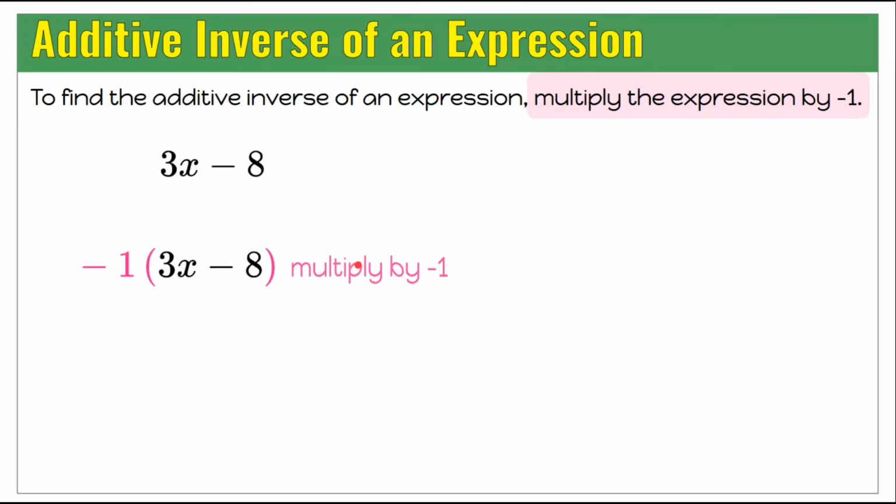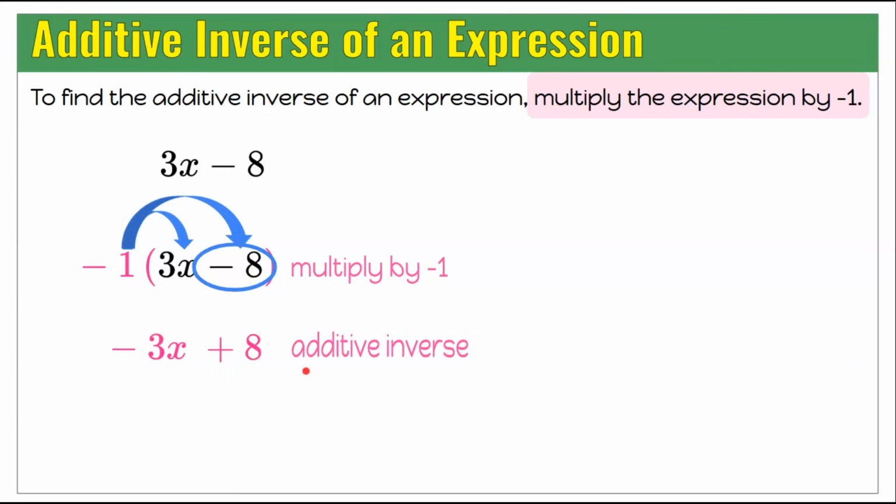To do that, I'm going to distribute the -1. -1 multiplied by 3x gives a product of -3x. -1 multiplied by -8 will give me +8. That's the additive inverse of 3x subtract 8.